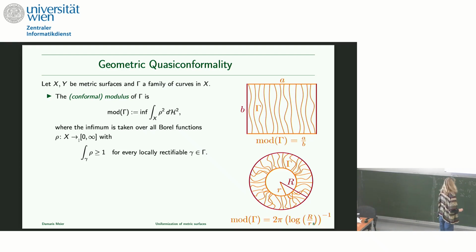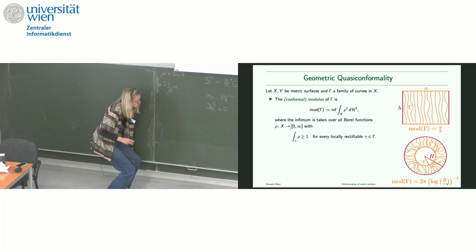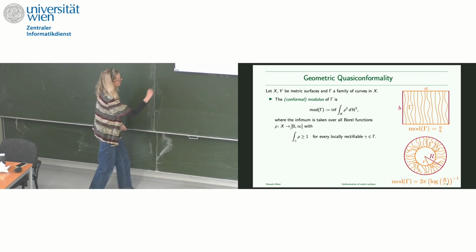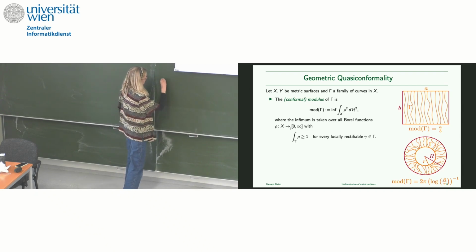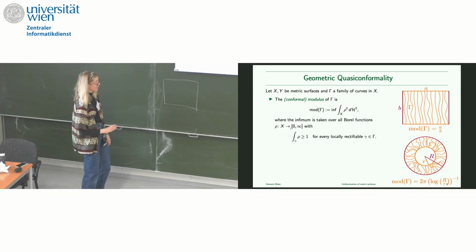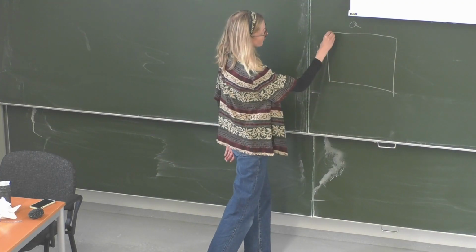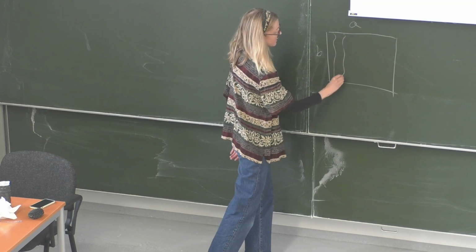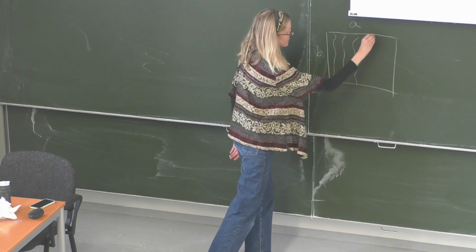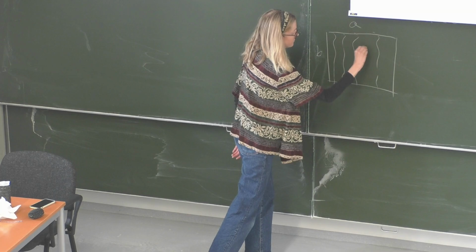And the example that I will do is also drawn over there. If we look at the square, or rather a rectangle, with side lengths A and B, and we look at the family of curves connecting the horizontal sides, that's gamma.